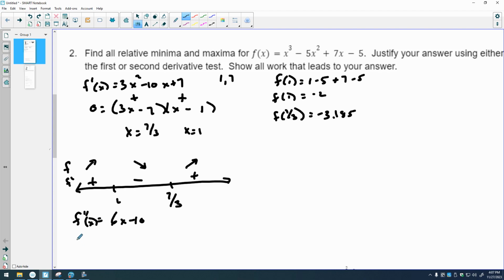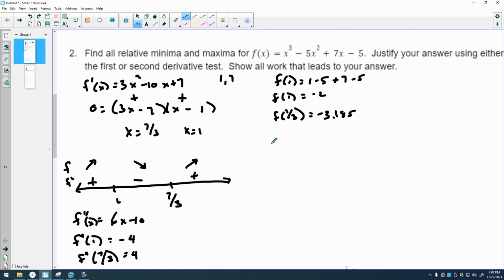And so at 1, f double prime, wrong notation. F double prime of 1 equals negative 4, and f double prime of 7/3 equals, I'm going to cheat, positive 4.